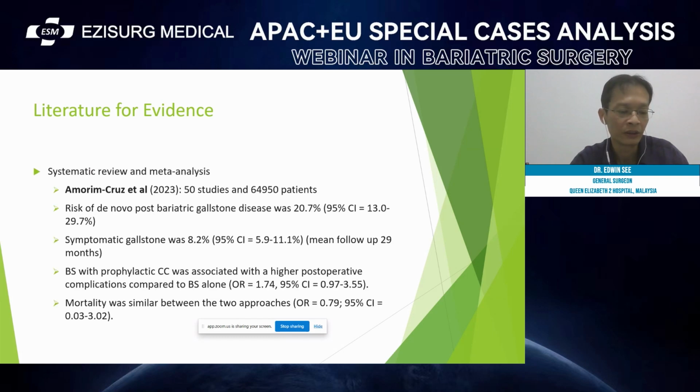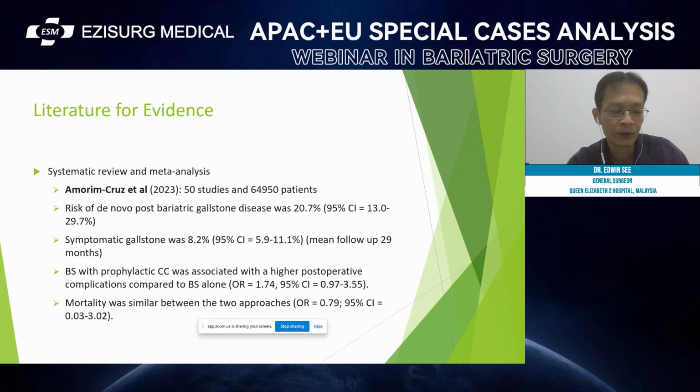Now, according to Amorim Cruz, who did a systematic review and meta-analysis of 50 studies and almost 65,000 patients in 2023, they found that the risk of de novo post-bariatric gallstone disease was 20.7%, and symptomatic gallstones was only 8.2% with a mean follow-up time of 29 months.